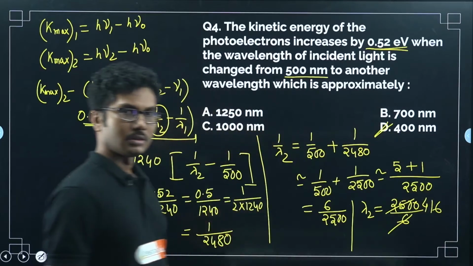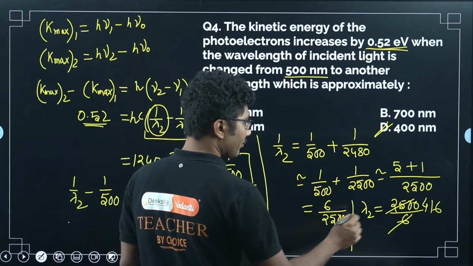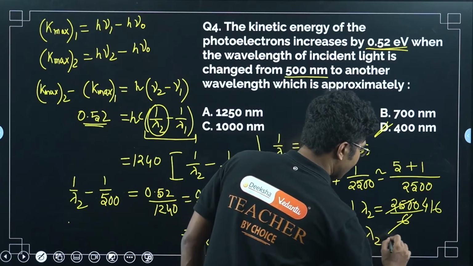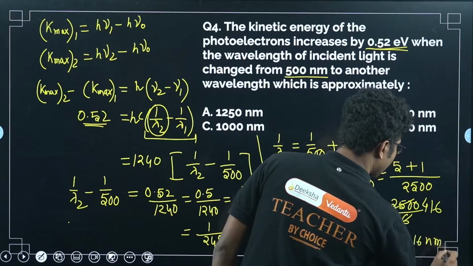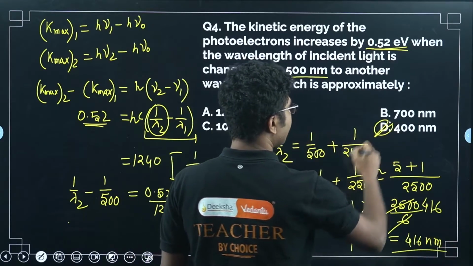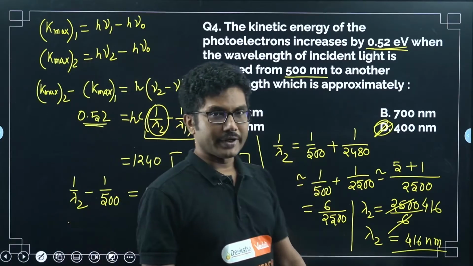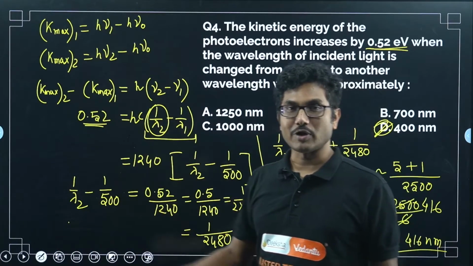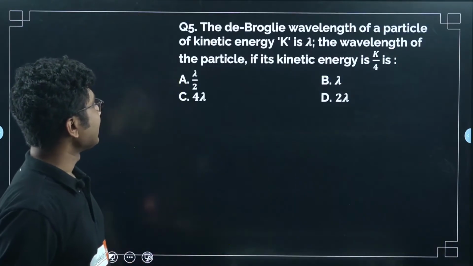Approximately 416. So the approximate value of lambda 2 is 416 nanometers. From the given options, 400 nanometers is the correct answer, right? So this is a way of solving it with all the methods, and I also taught you one shortcut method. Now let's move on to the next question.